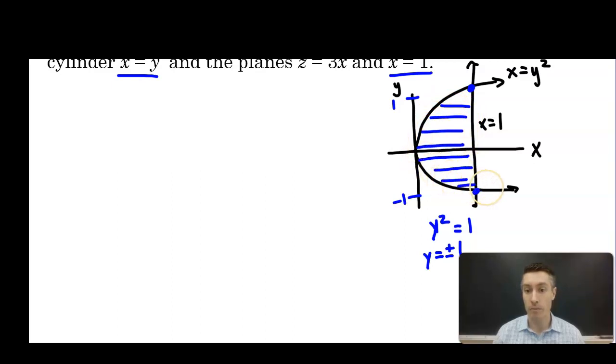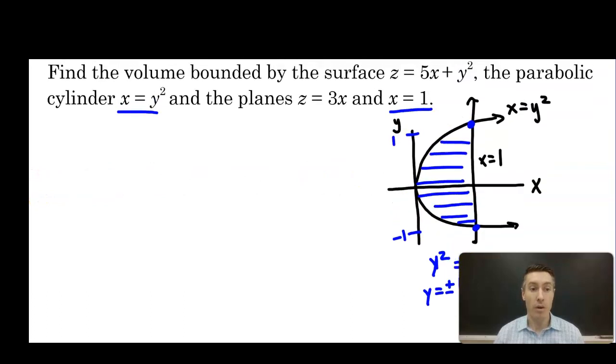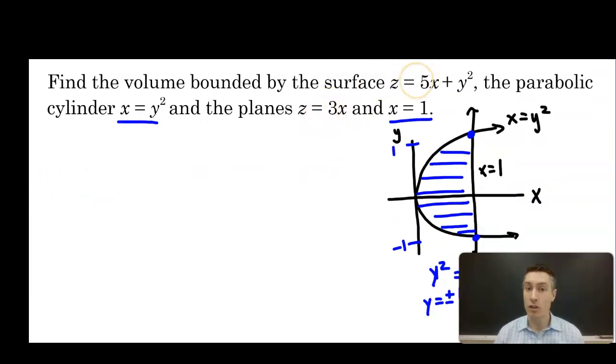Now, just something to note, it doesn't show up in this example nor the previous, but you might look at your surfaces, draw the curves in the xy plane, and you might not get a closed region. In that instance, you're going to have to look elsewhere for another curve that's going to close off your region of integration. Often, that's going to be finding the intersection of surfaces that you didn't use yet.